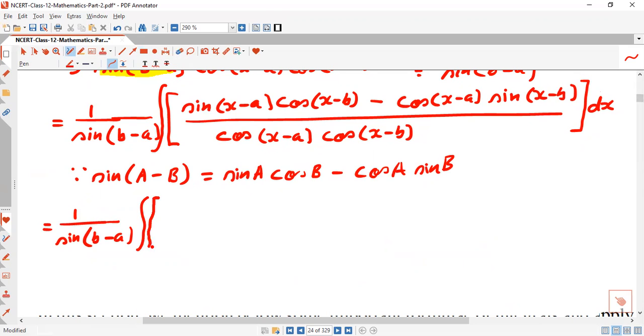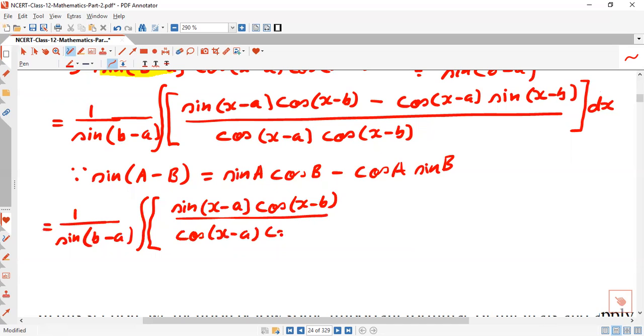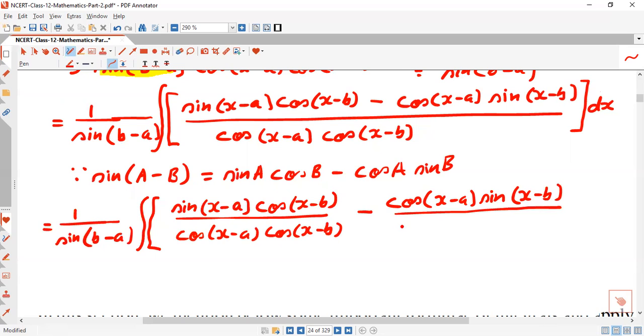So the terms will be separated: sin(x minus a) cos(x minus b) divided by cos(x minus a) cos(x minus b), minus cos(x minus a) sin(x minus b) divided by cos(x minus a) cos(x minus b), and we have this dx.